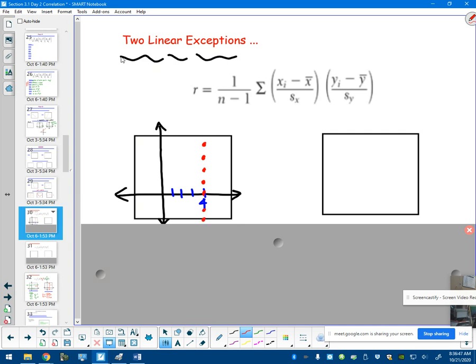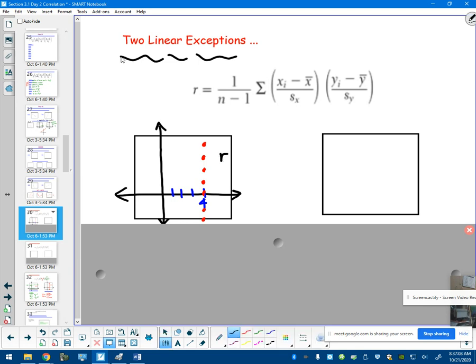If you had a data experiment and it came up with that as your answers, that does not have an R equal to 1, even though it's a perfect straight line. Can anybody see why?